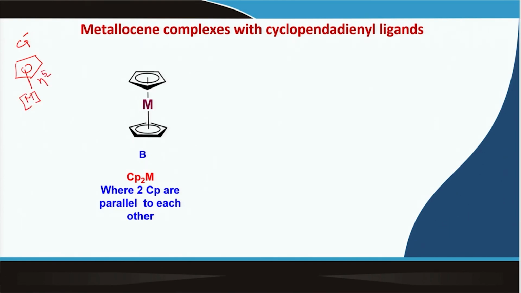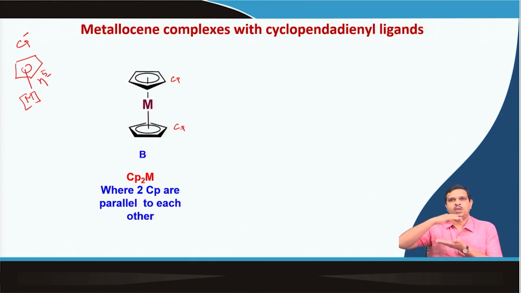Most common metallocene complexes are actually of this type, where we have a Cp bound here, and here we have a Cp bound. So, two Cp ligands which are parallel to each other.